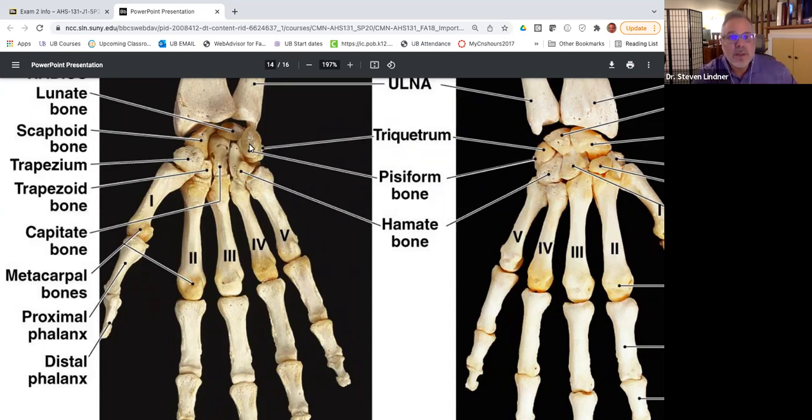And then the roof is a bunch of ligaments that go from the lateral side to the medial side, like a band of a watch goes transversely from these 2 bones to these 2 bones running across. And then through that tunnel is the median nerve and a bunch of other tendons.